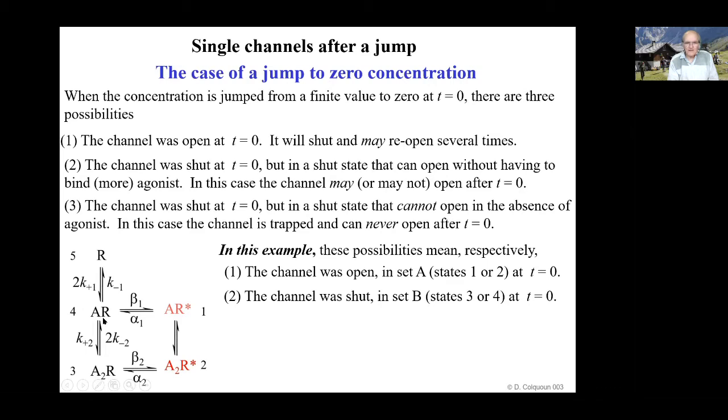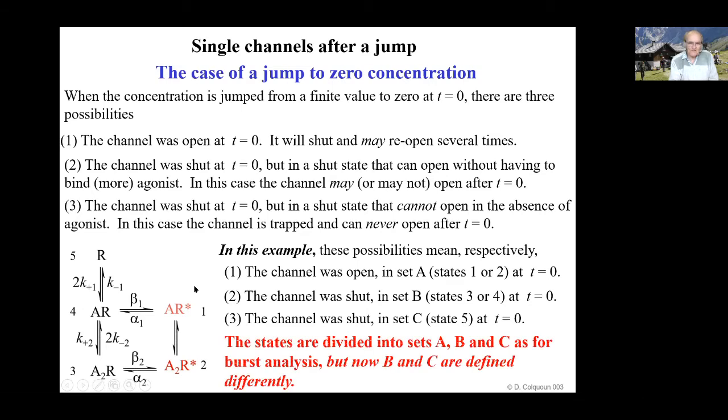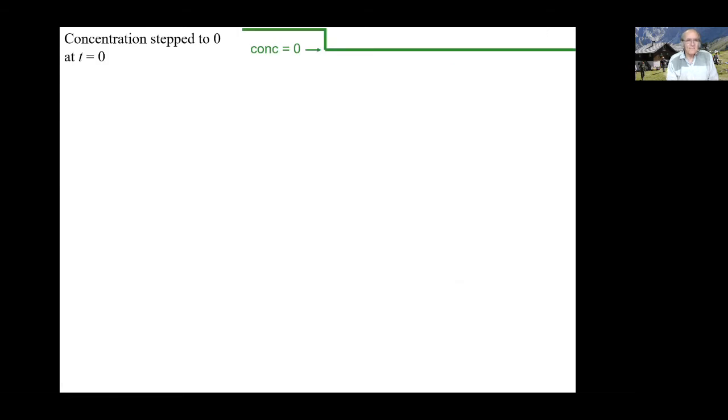If it was in 3, it can also open, though only to the monoliganded state at 0 concentration. So set B is 3 or 4. And if it was in set C, that's only state 5 in this case, then of course it can never reopen again. So just as when we discussed burst analysis, the states are divided into sets A and B and C, but now B and C are defined slightly differently.